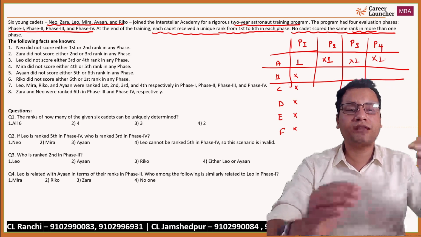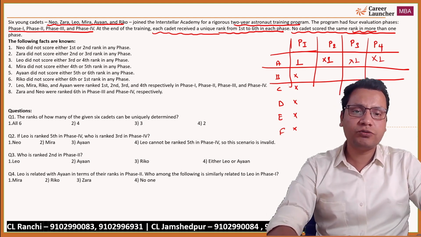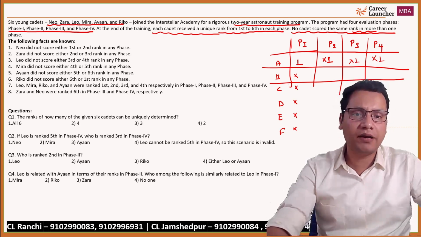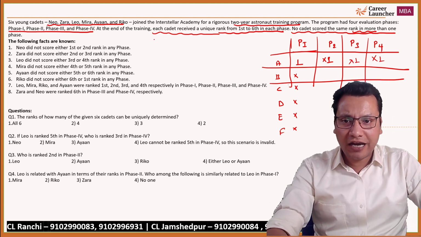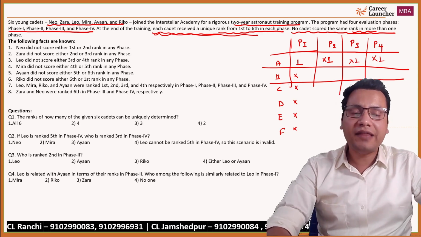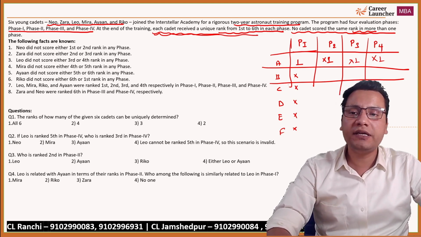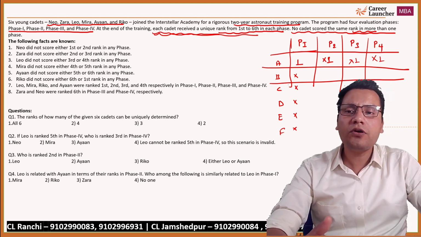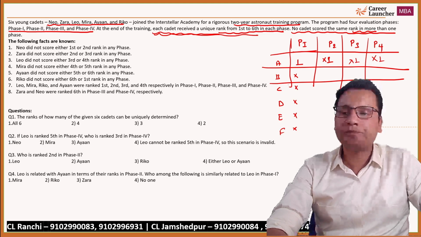That means for A as well, the rank in all the 4 phases has to be a unique number. Merging these two statements, we now know that this set is going to be a set of arrangement plus Sudoku puzzle.